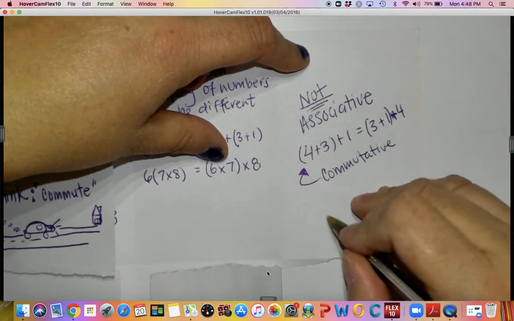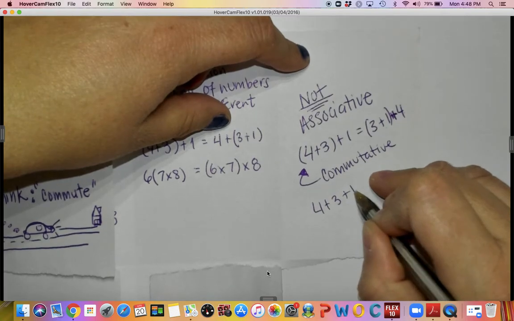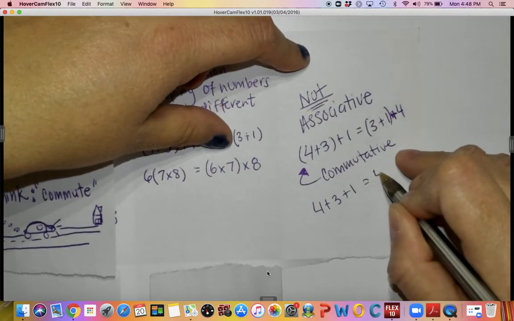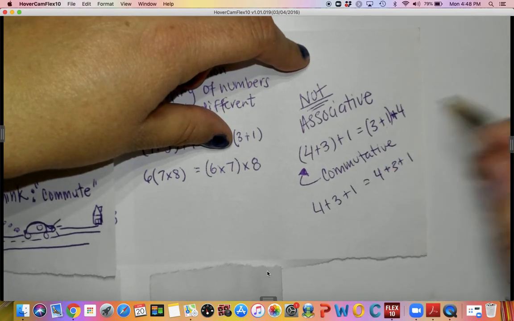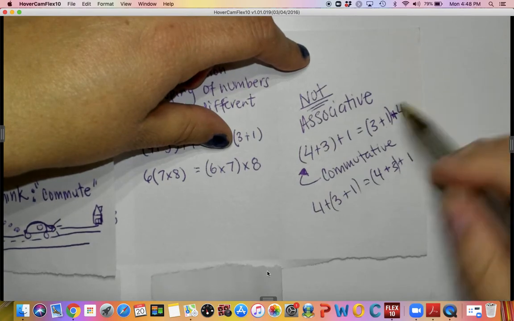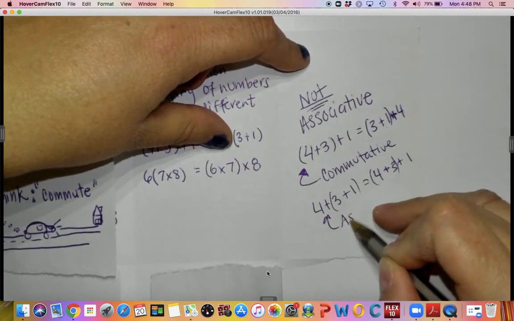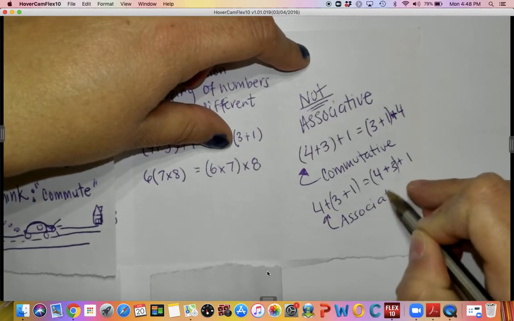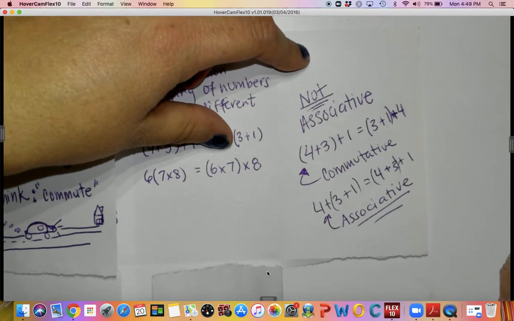Okay? I'd have to have (4 plus 3) plus 1 equals 4 plus (3 plus 1), and then just change the grouping. If I did it here and then did it here, this is associative. It's a little tricky.